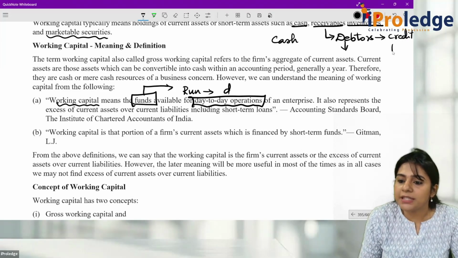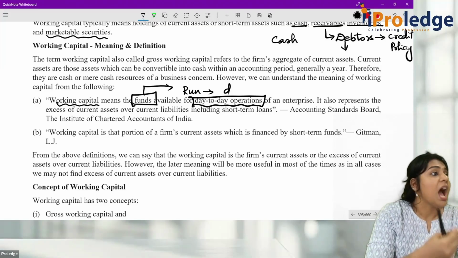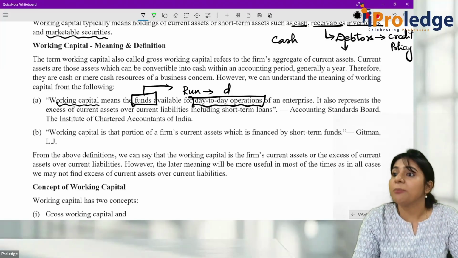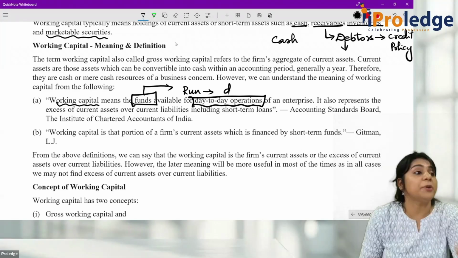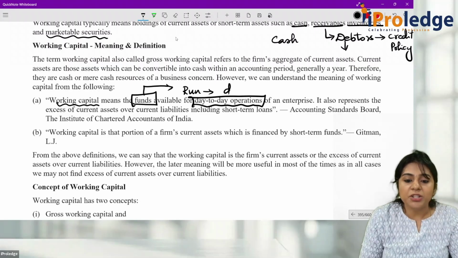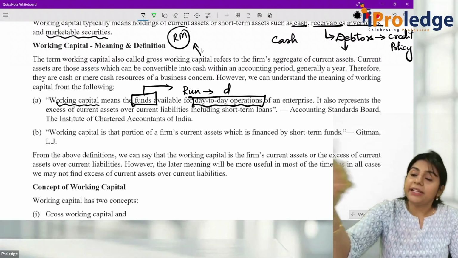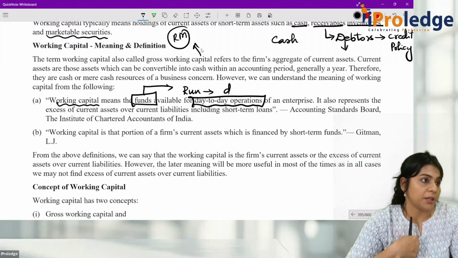Are you aware of credit policy? Credit policy means for each customer, how many days do I allow them to repay back to me? That's your credit policy. Same thing works when I purchase. I purchase, say, raw materials. I have to pay them. The more time I take from them is better for me.